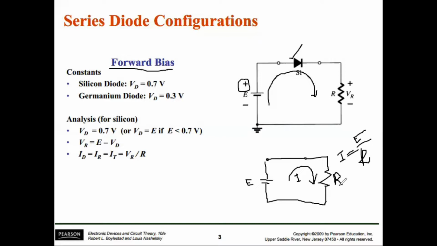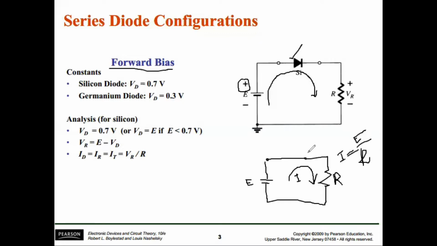If any two of them are known, you can calculate the third one. In this way we have two quantities, so VR can be easily calculated here. This is the ideal scenario.